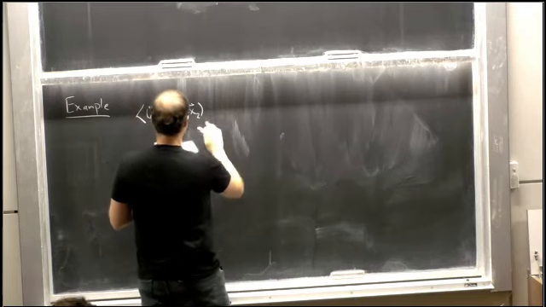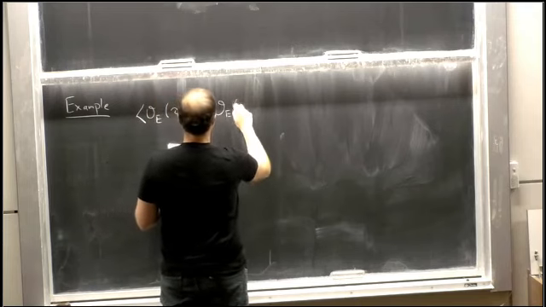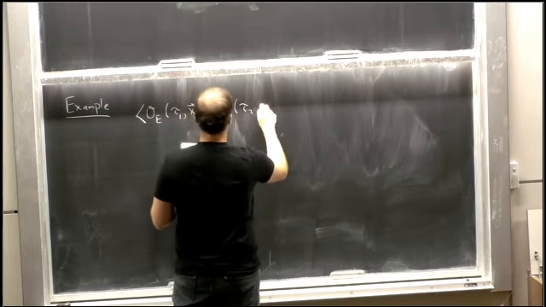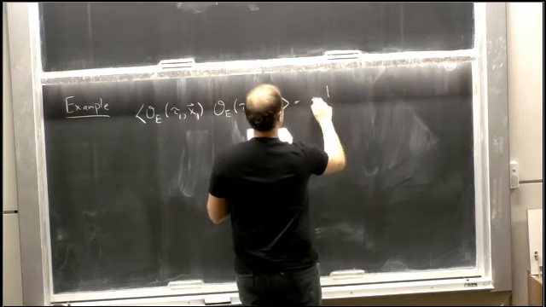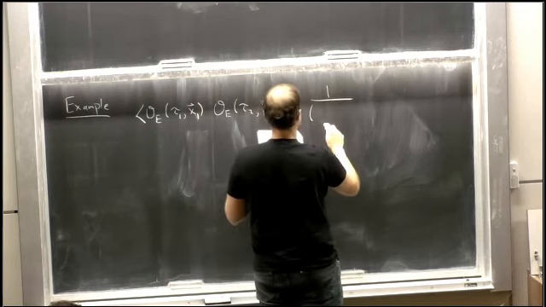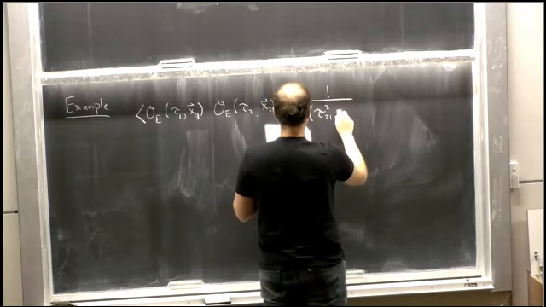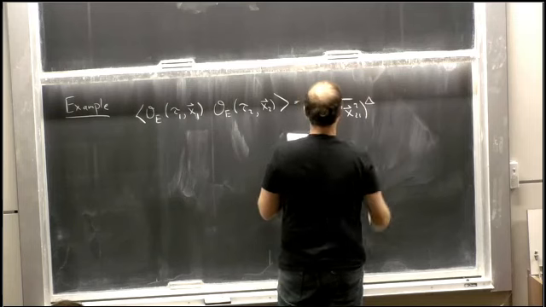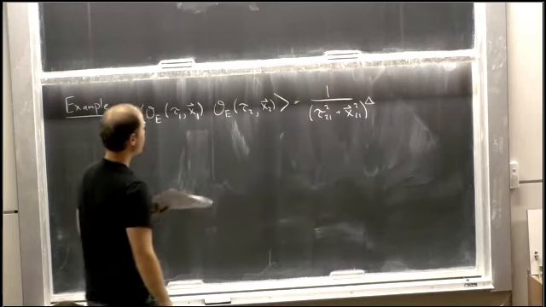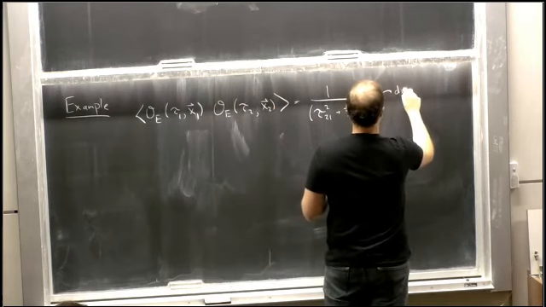So the two-point function in Euclidean space is constrained by conformal invariance to be equal to just the distance to the power of twice the scaling dimension, which I can write like that. And so delta here is the dimension of O.